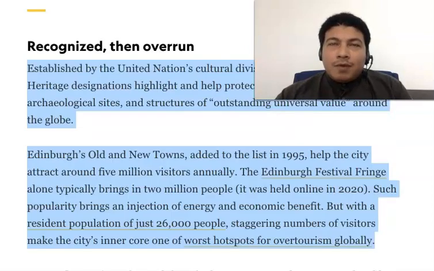Not all paragraphs, however, will use signal words, but that doesn't mean locating the supporting detail is difficult.